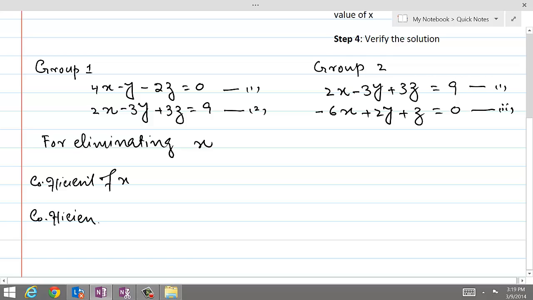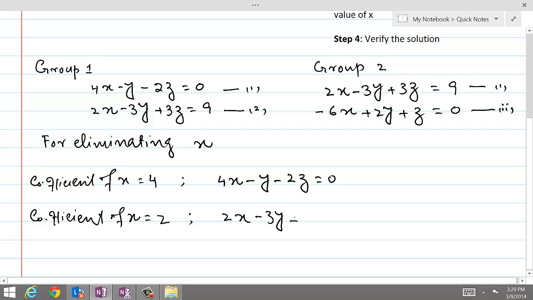Coefficient of x for equation 1 is 4, and the coefficient of x for equation 2 is 2, and then we write down the equations. 4x minus y minus 2z equal to 0, and here we have the second equation, 2x minus 3y plus 3z equal to 9.